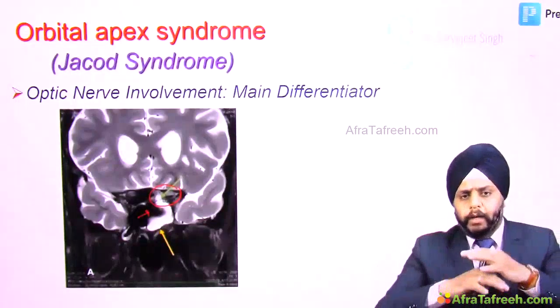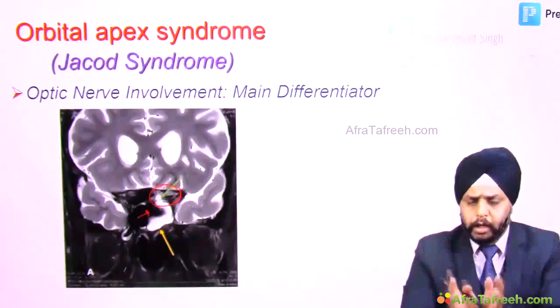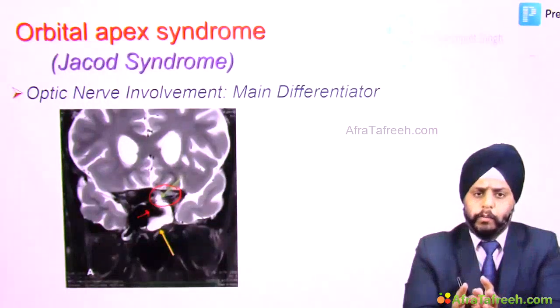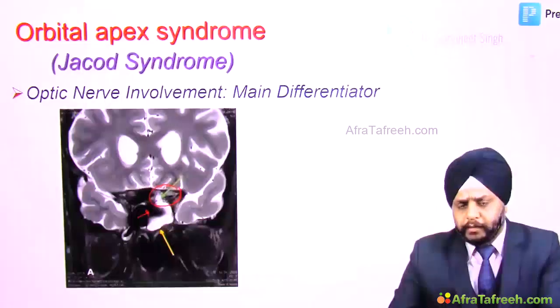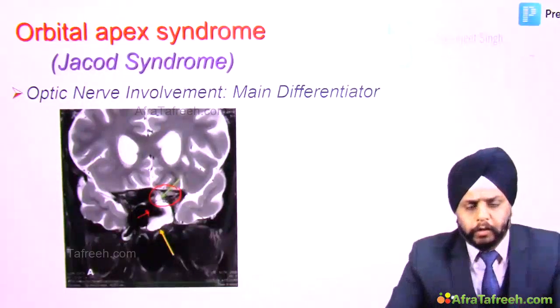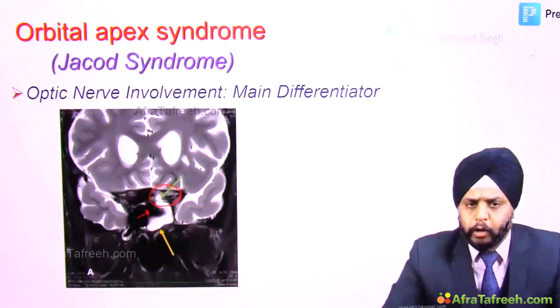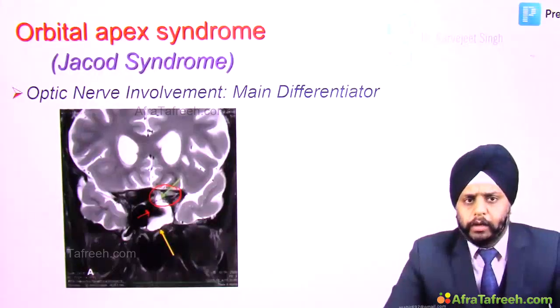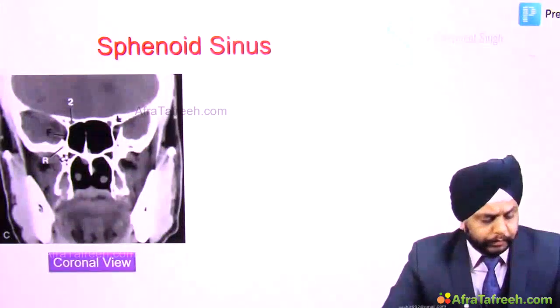So when I say the apex, the whole part is involved. All the symptoms and signs of superior orbital fissure syndrome will be there, including the blindness, which is because of involvement of the optic nerve and the optic canal. So you can see this is the orbital apex syndrome.